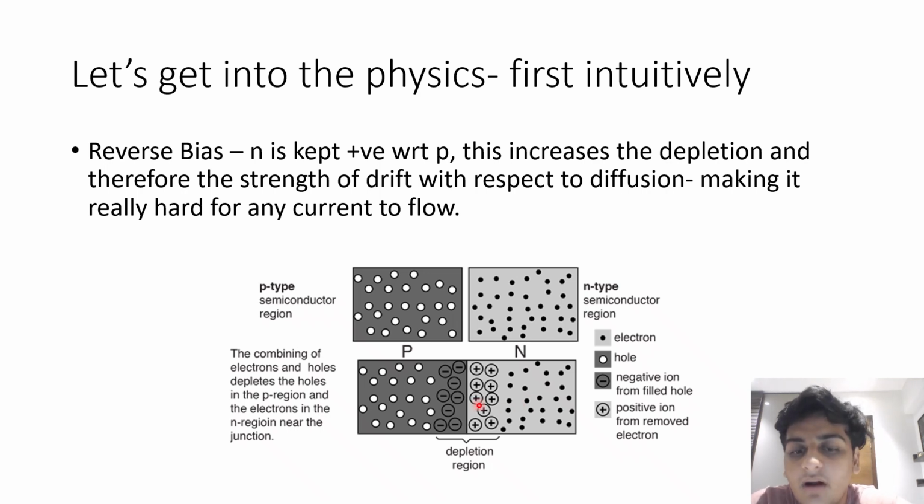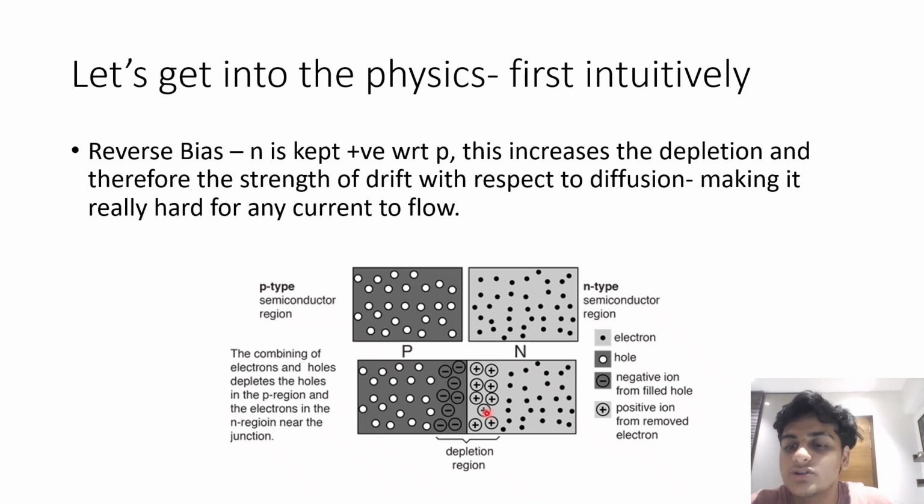We spoke about how drift comes from the spontaneous generation of charge carriers in this depletion region, and then those charge carriers get swept by this electric field, positive charges in the direction and negative charges opposite to the direction. So yes, when you have this reverse bias, this electric field will undoubtedly become stronger, but the mechanism that generates these charges is still the same.